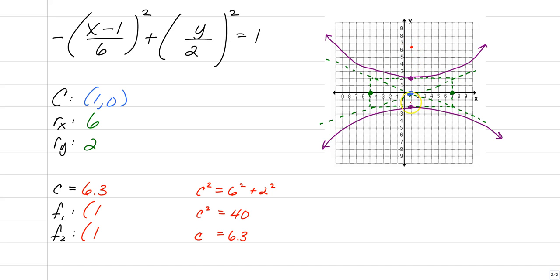And you're going to go down 1, 2, 3, 4, 5, 6, and a little bit to represent your up and down of 6.3. Now those coordinates, of course, would be 0 plus 6.3 and 0 minus 6.3. So in this case, since we're at 0, that's really simple. It's just 6.3 and negative 6.3. Okay, and that's how you graph this hyperbola. So if you got that right, good job.